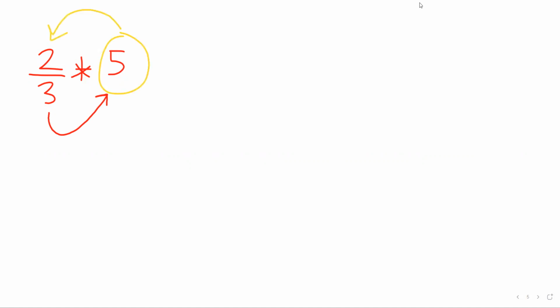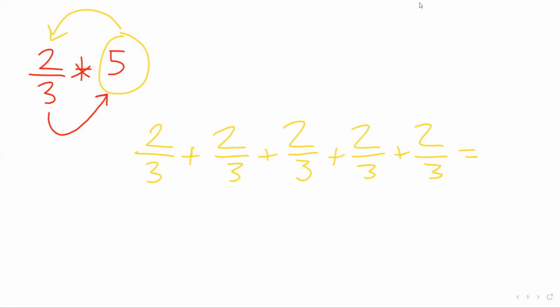Commutative property is going to help me out. This is really just saying I'm going to take 5 groups of 2/3. So again, 1, 2, 3, 4, and 5.